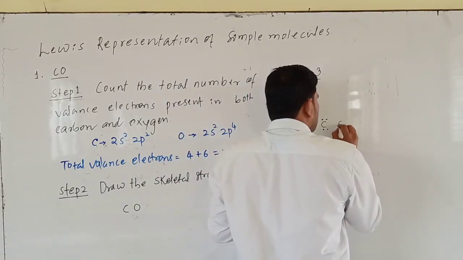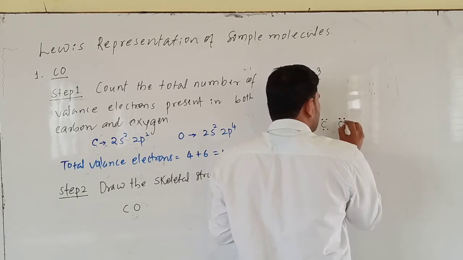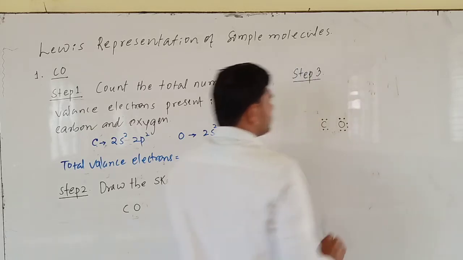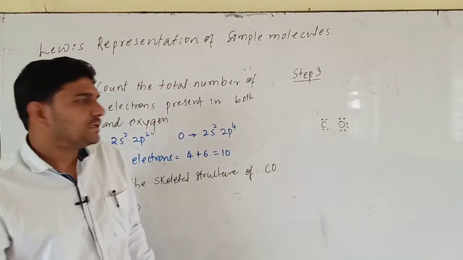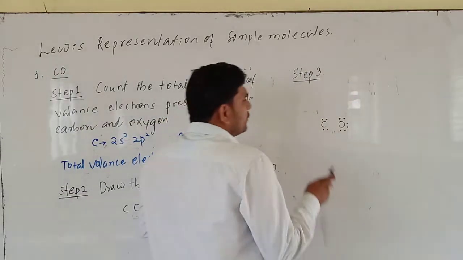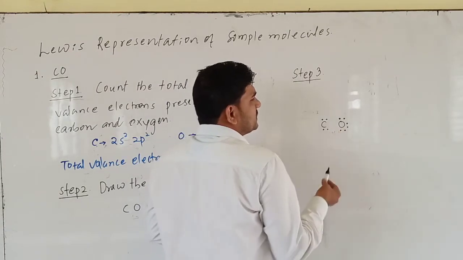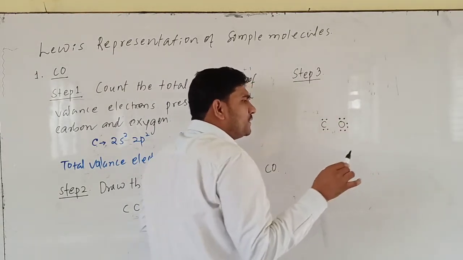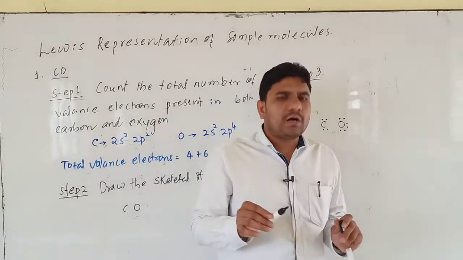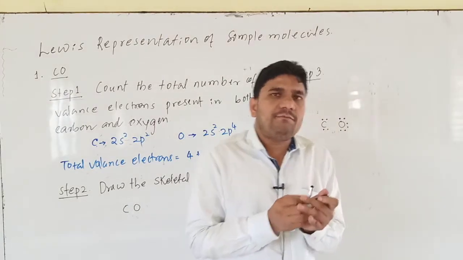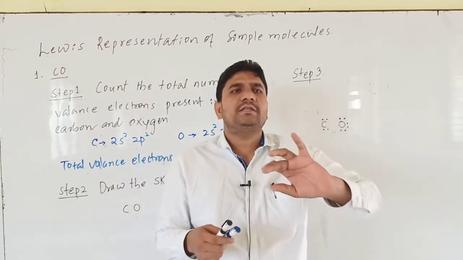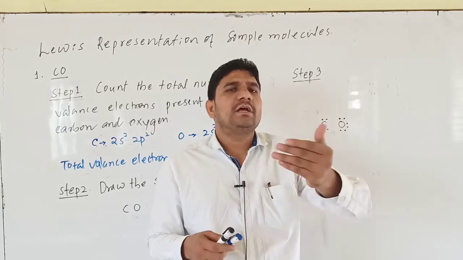And oxygen contains how many valence electrons? 6 valence electrons. You need to place 6 electrons. Now first, you try to complete the octet on the oxygen.